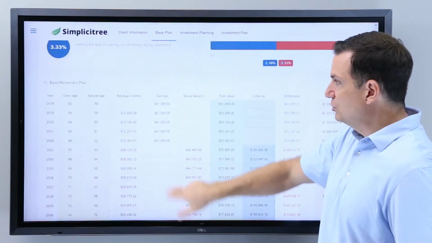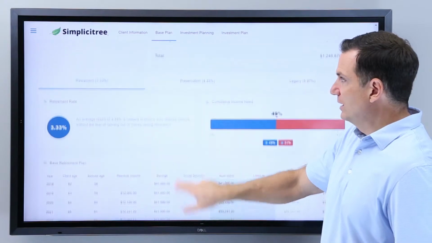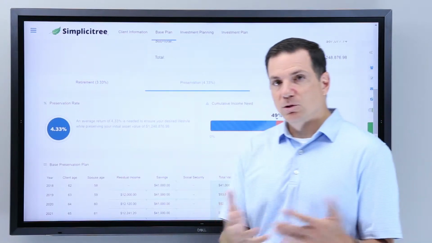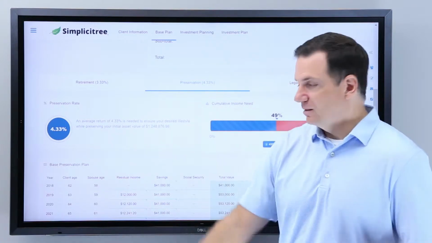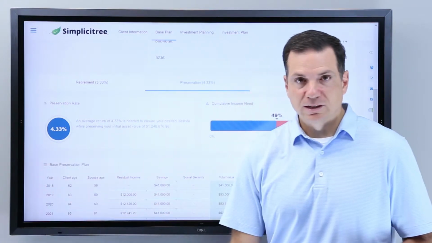What I will say is we do run into quite a few people that say, you know what, I want to preserve my principal and live off my interest. So we can very quickly calculate, in this example, it's 4.3%.